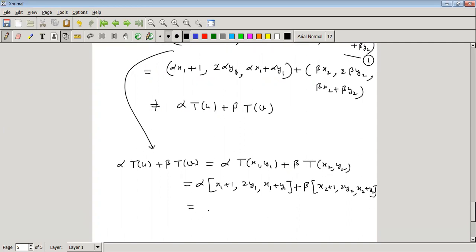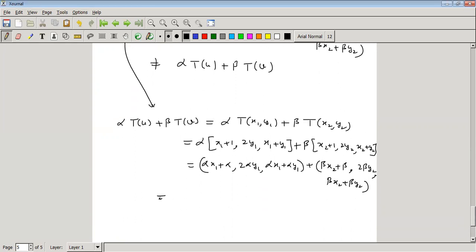So when we add, we get alpha x1 plus alpha, 2 alpha y1, alpha x1 plus alpha y1. Similarly, we get beta x2 plus beta, 2 beta y2. Sorry, not plus, but comma, beta x2 plus beta y2.